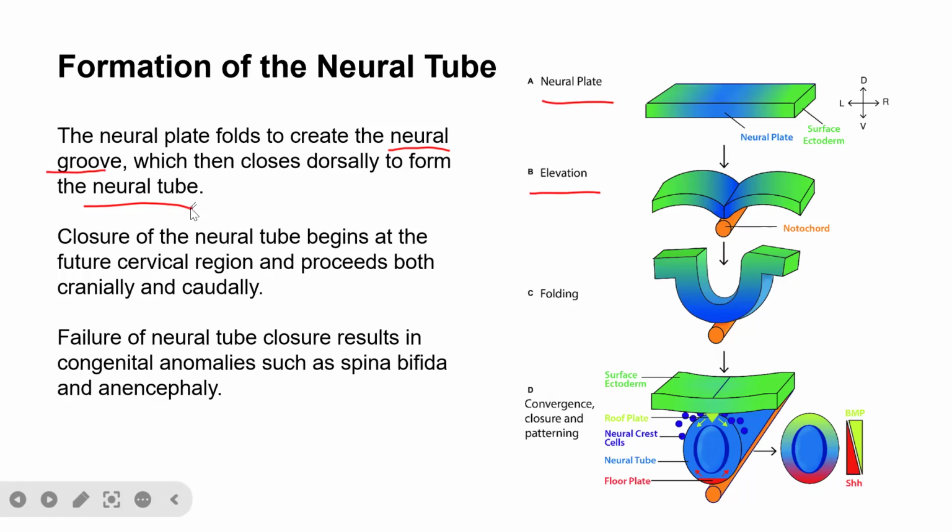So you should understand after the neural plate is formed, there will be elongation and elevation, then folding, and after the folding, there will be closure. This closure of the neural tube begins at the future cervical region, and then it will proceed cranially and then caudally. So this is what you need to understand.